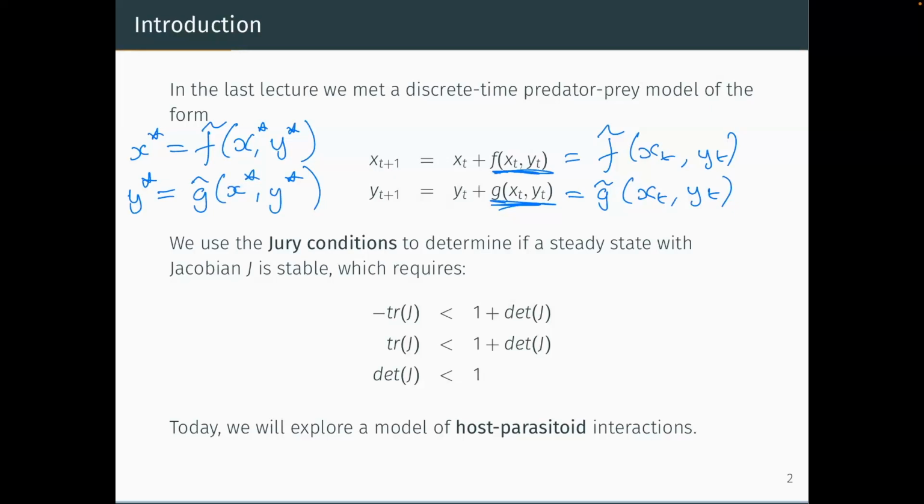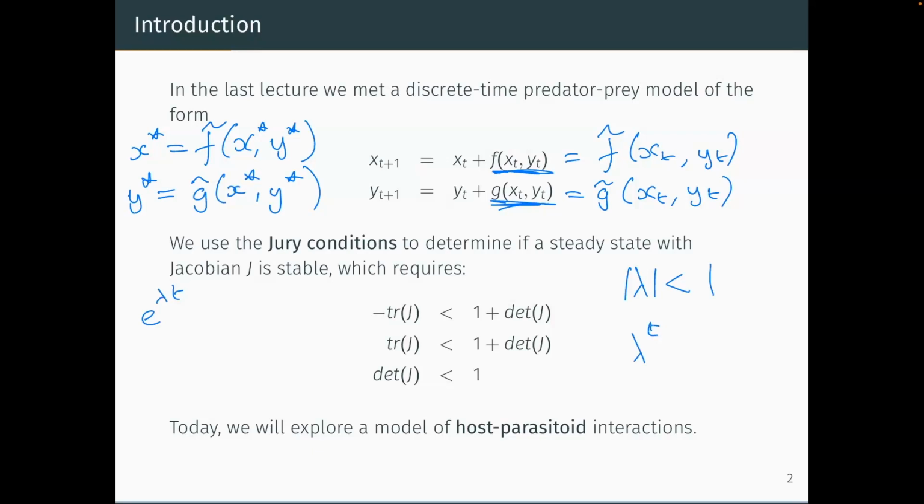And then we can use the Jury conditions, these 3 inequalities here, by looking at our Jacobian, evaluated at each of our equilibria, and then compare the trace and the determinant. If these 3 inequalities are satisfied, then that means that our eigenvalues have absolute value less than 1. And because our solutions in discrete time always will have something of the form lambda to the t in them, this ensures stability. We compare that to a continuous time model, where our solutions are of the form e to the lambda t.